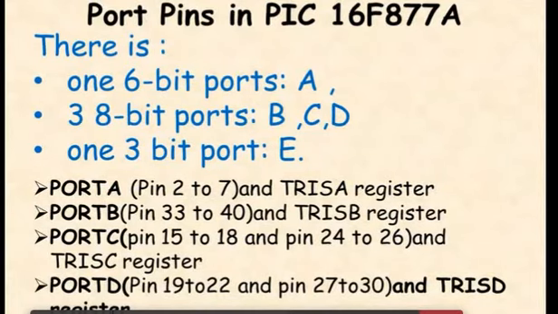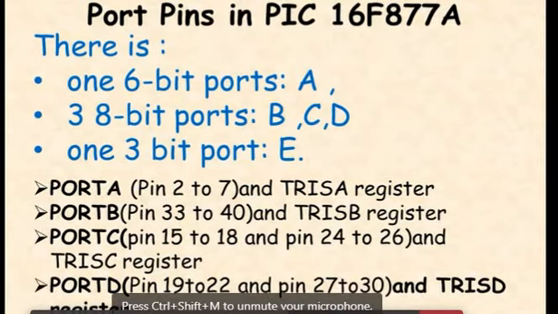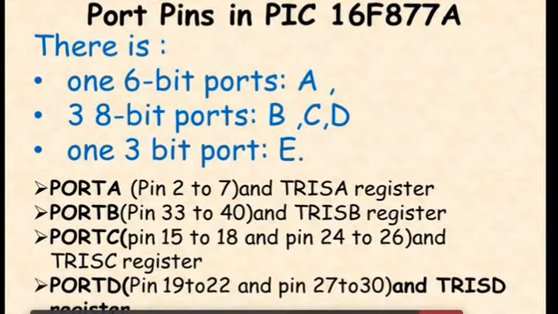So what is TRIS? The TRIS register is used to set the direction of your port, whether it is input or output. Like in Arduino, which we saw yesterday, in the setup code you write pinMode, pin number, input or output. But in the PIC controller, using TRIS, you can set a pin as an input or output.